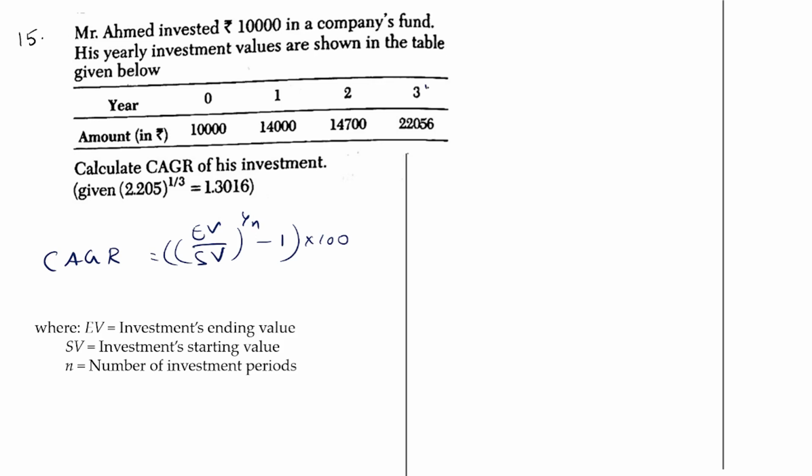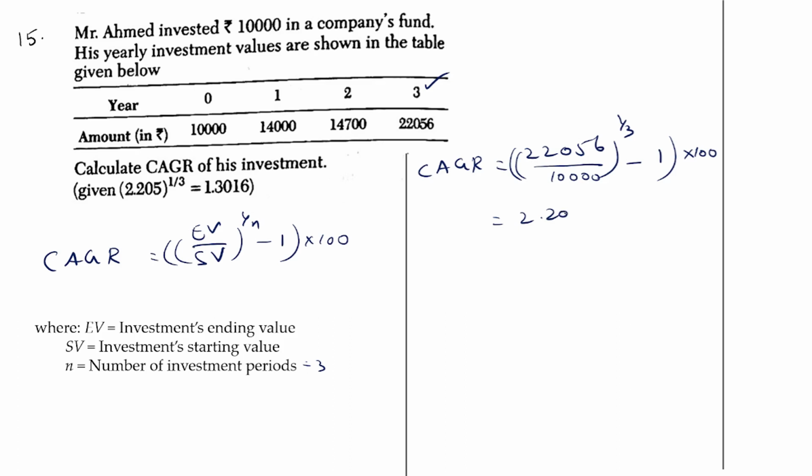Here the number of periods is 3. So this is 3. It is 22,056 upon 10,000, the whole raised to 1 by 3 minus 1 into 100.